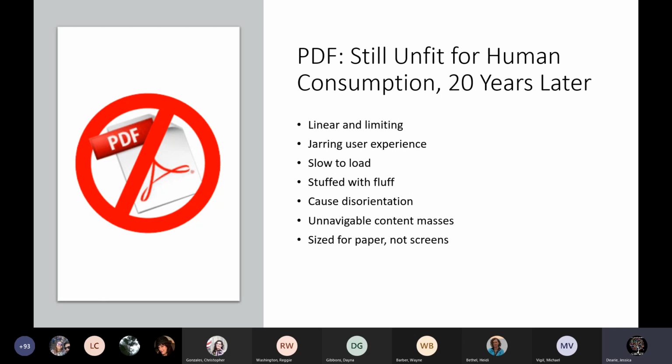And they published another article just within the last year, I believe, where they basically came back and said, yep, 20 years later, these are still unfit for human consumption, is the terminology that they used. Because research that spans 20 years has proven repeatedly that PDFs are really problematic for online reading. Yet they're still prevalent and users continue to get lost in them.